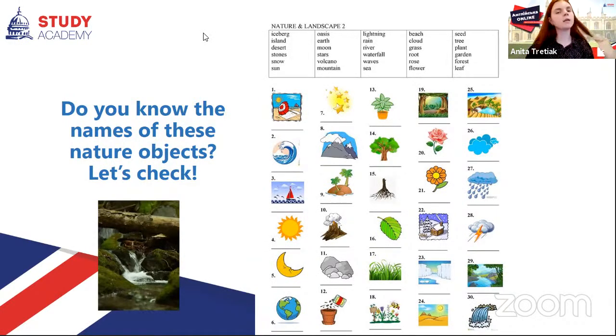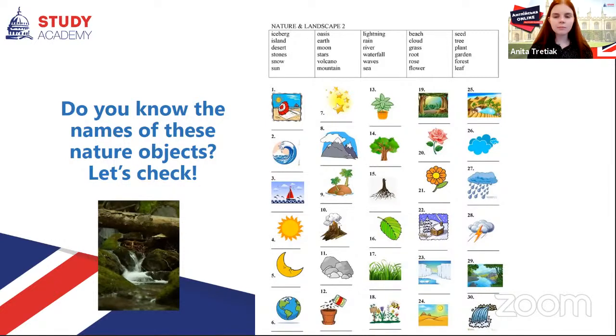These are words: iceberg, island, desert, stones, snow, sun, oasis, earth, moon, stars, volcano, mountain, lightning, rain, river, waterfall, waves, sea, beach, cloud, grass, root, rose, flower, seed, tree, plant, garden, forest, and leaf. So I want you guys to write the number. You can see the numbers of the pictures, and just write the word that you can see in this picture.